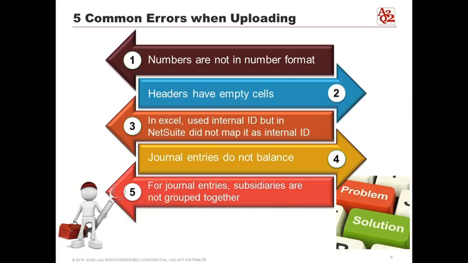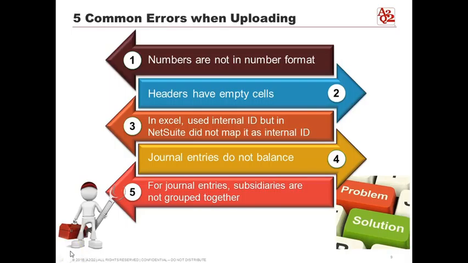So then you actually have to individually look at the cells to see which of these tiny journal entries, debits and credits, don't balance. And number 5, for journal entries, the subsidiaries are not grouped together during the upload. This error happens if you're posting multiple journal entries with different subsidiaries. If the journal entry lines are not grouped together by subsidiary, it will cause an error.